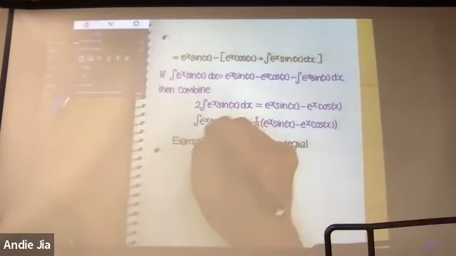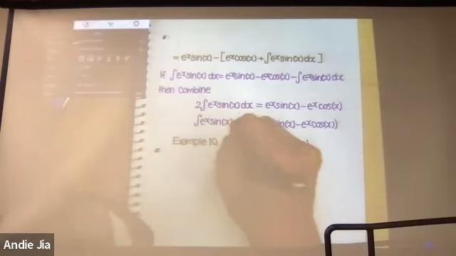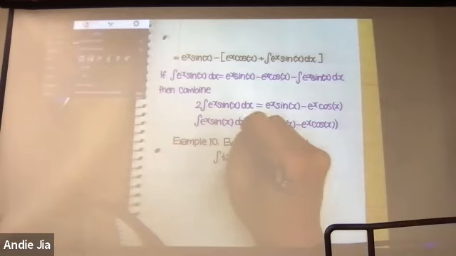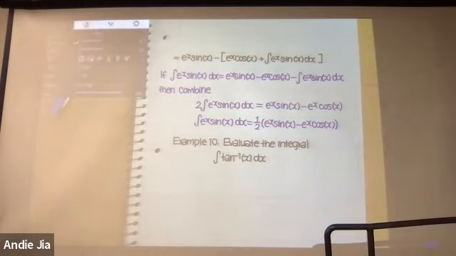It is like the integral of inverse tangent of x dx. We let u equal x, then du is dx, then v equals inverse tangent of x.